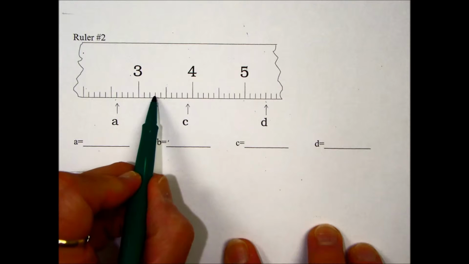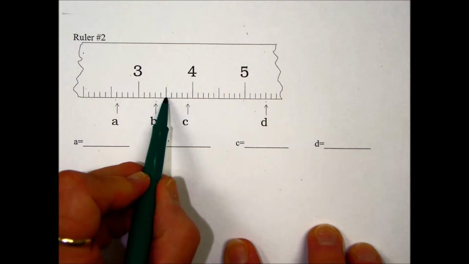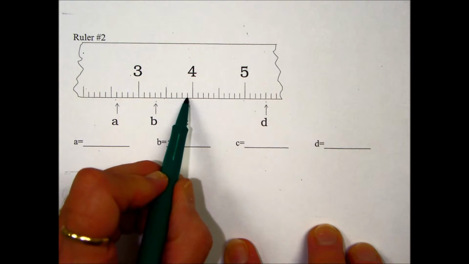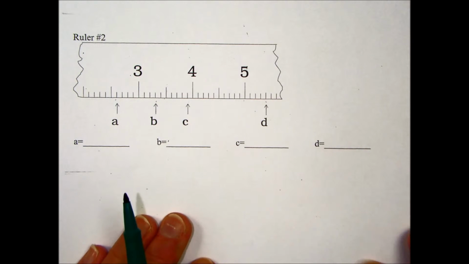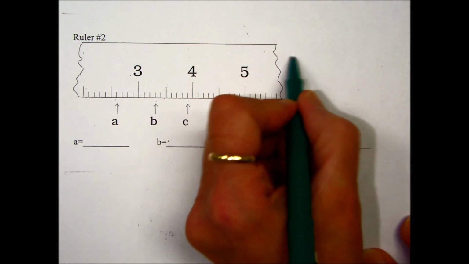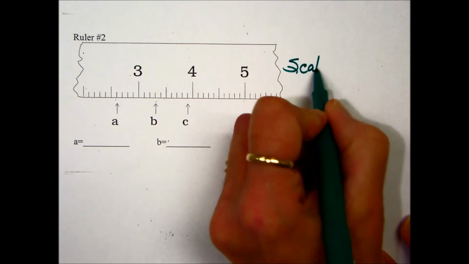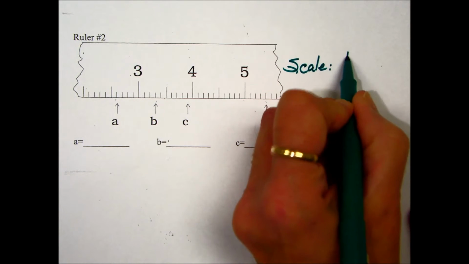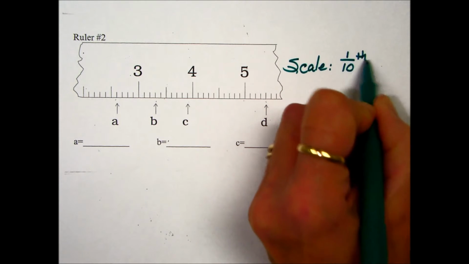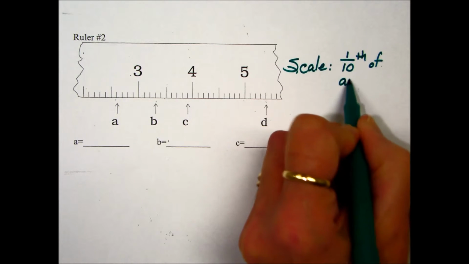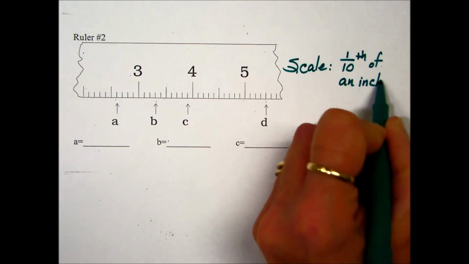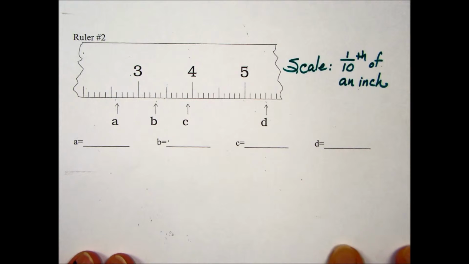There's 1, 2, 3, 4, 5, 6, 7, 8, 9, 10. So the scale for this ruler is in 1/10 of an inch, which would be helpful to convert that fraction into a decimal if we had to do calculations with these measurements.